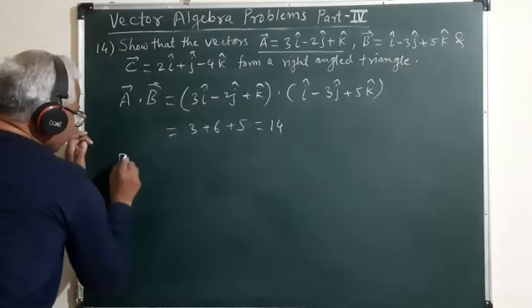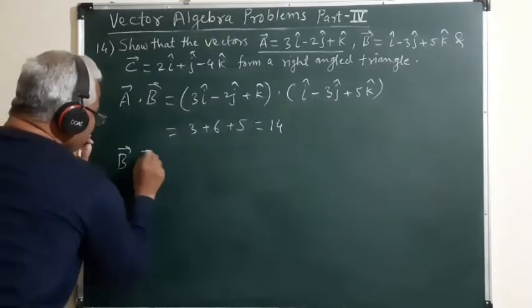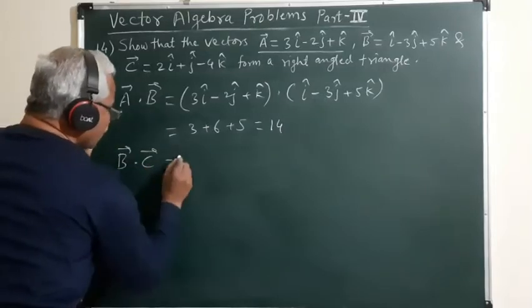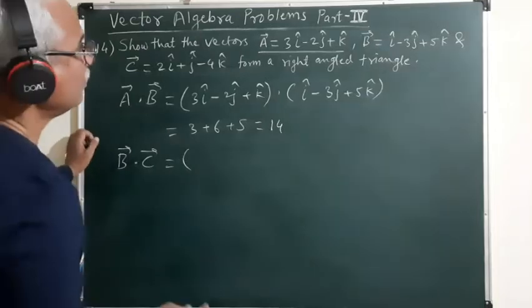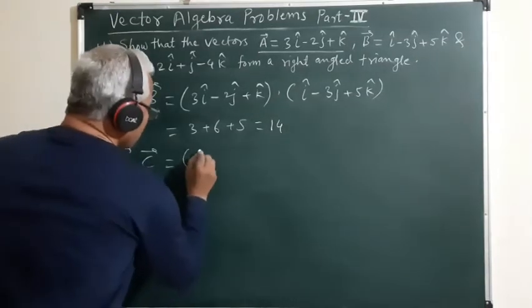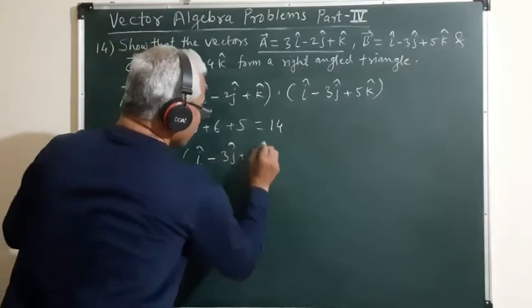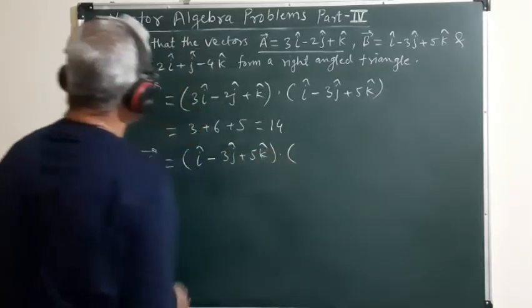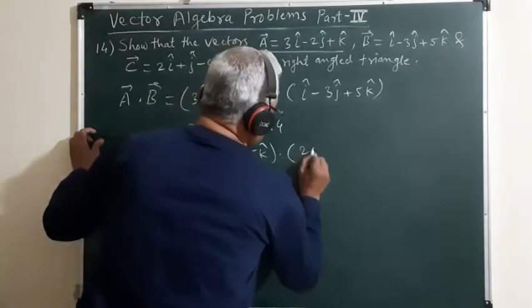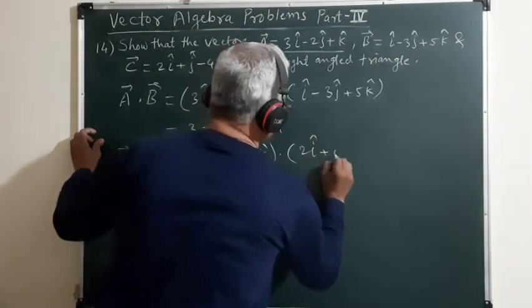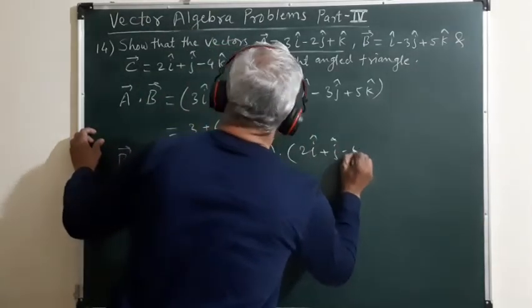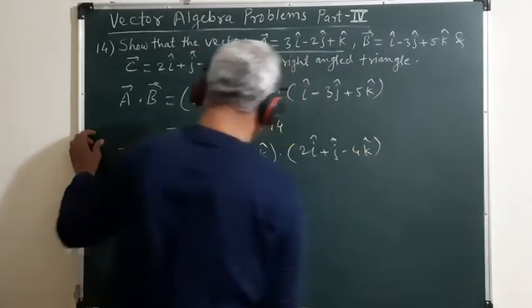Then evaluate the dot product of b bar and c bar. B bar dot c bar works out to be equal to i cap minus 3j cap plus 5k cap dot 2i cap plus j cap minus 4k cap.